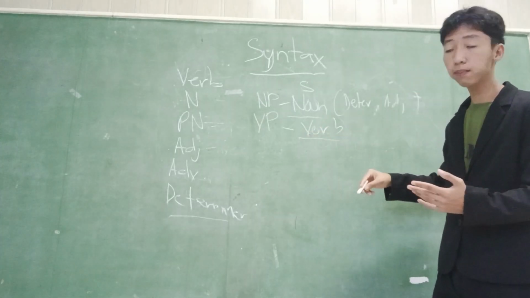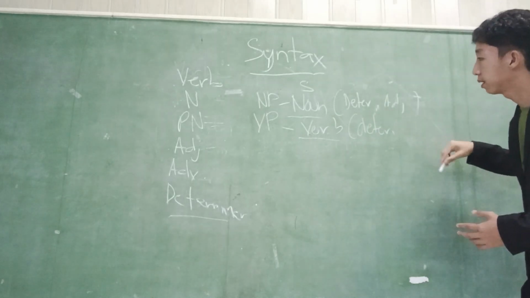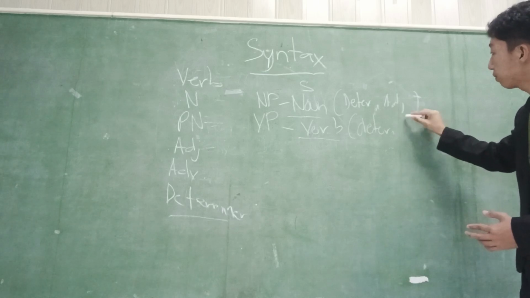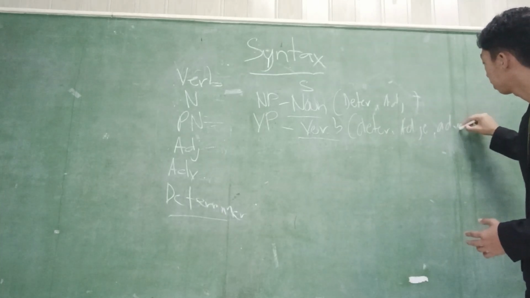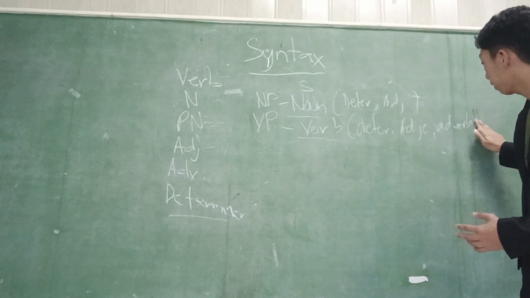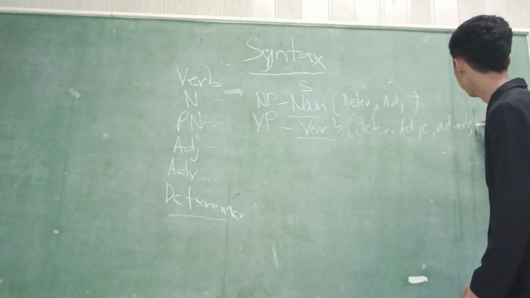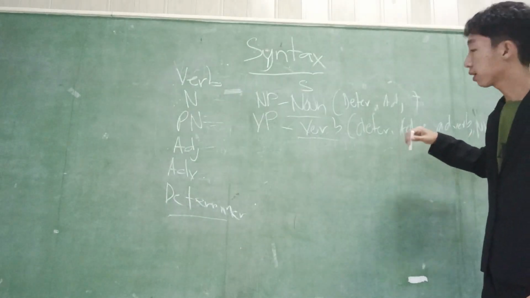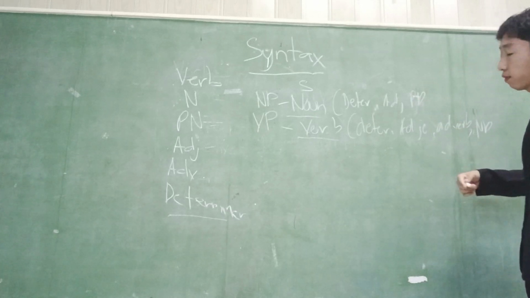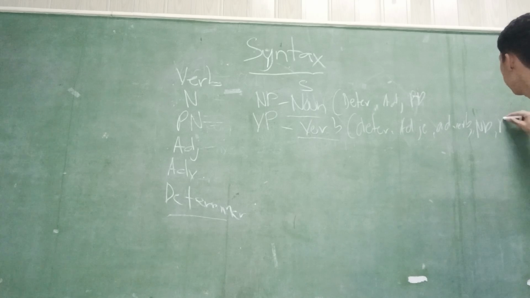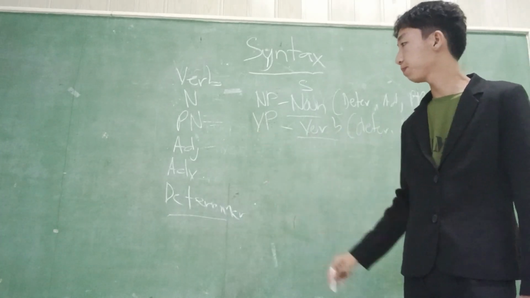And again, optional parts: you can have a determiner, an adjective and adverb, and then it can also have a noun phrase inside it. Oh, I almost forgot something. The first one also has a preposition. And of course, the verb phrase also contains a preposition.